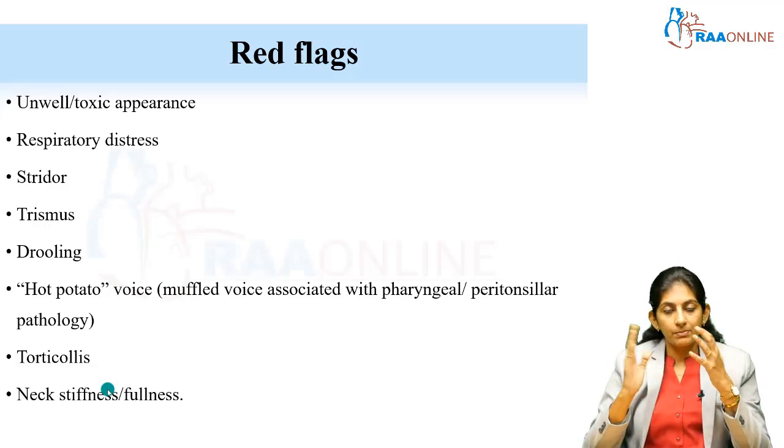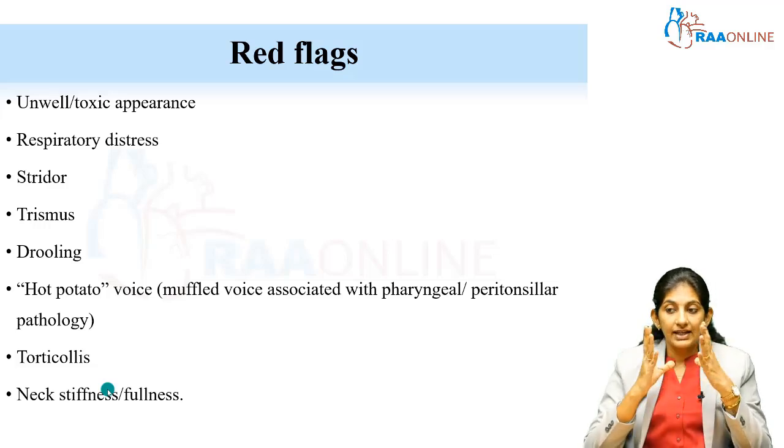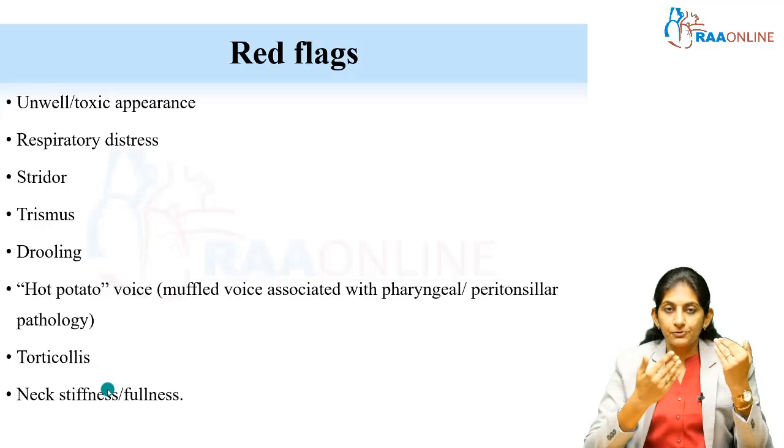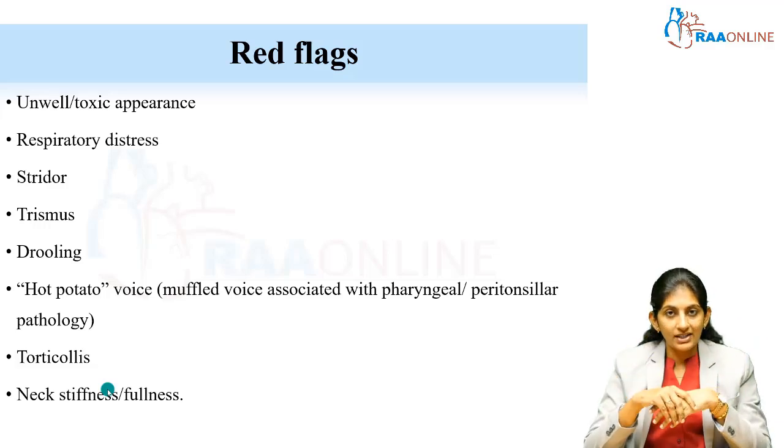It might be a complication of this pharyngotonsillitis, like maybe there is an extension of the infection to a parapharyngeal space or a retropharyngeal space, or it has already formed an abscess. Or in case you see a stridor, if you have a muffled voice, we have to definitely think of epiglottitis.